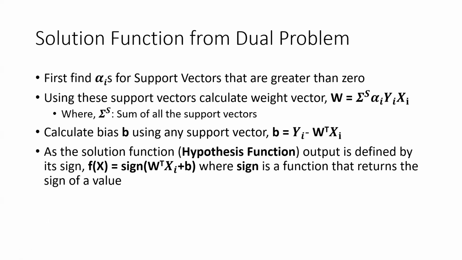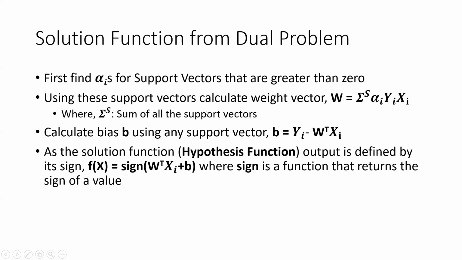This is what it says. First we find the alpha i's for support vectors that are greater than 0. This is about the dual problem. So when you use the dual problem, we find the alpha i values which are greater than 0, which are relevant to the support vectors. And using this formula, you can find the W vector.